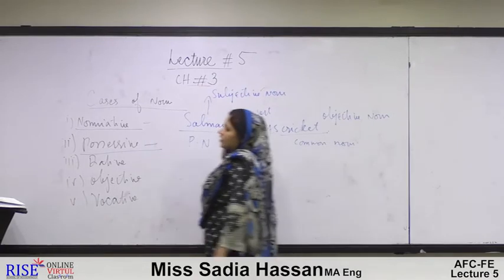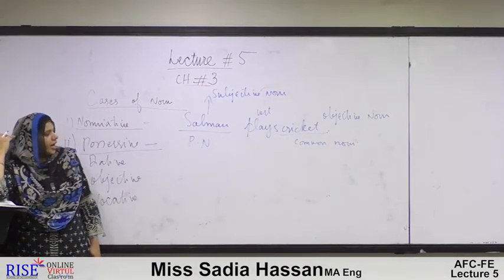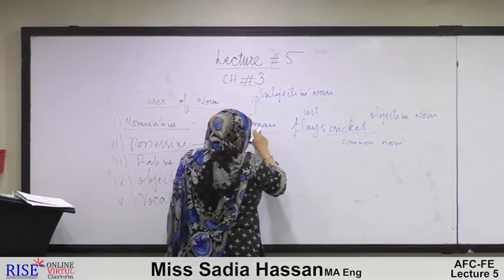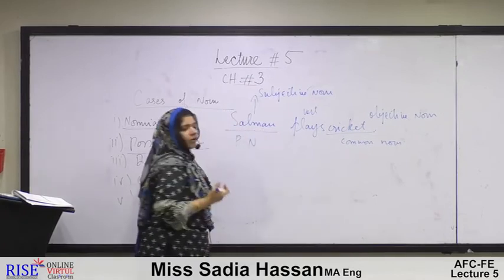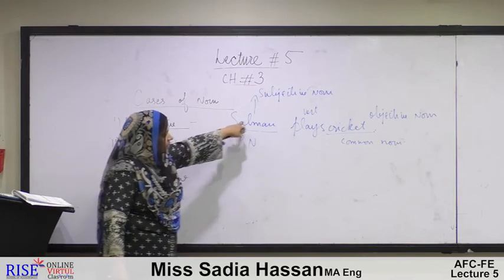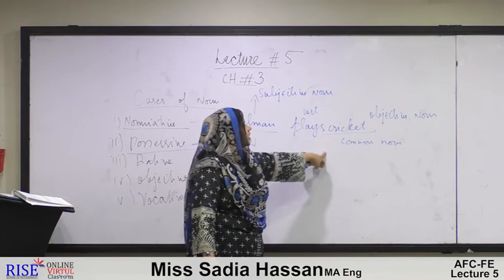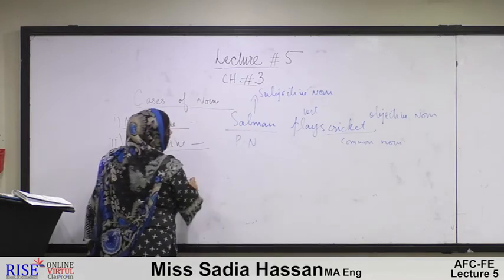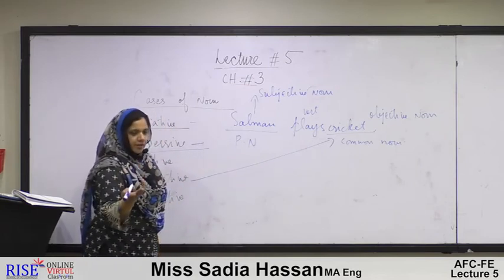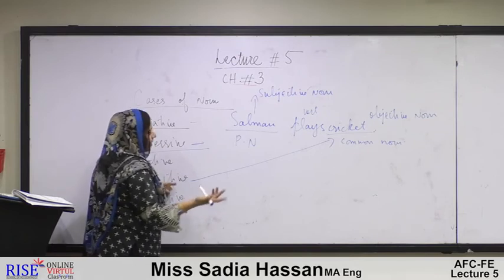If we talk about the cases of noun, I would say Salman is the nominative case and cricket is the objective case. So this is called the objective case of noun. Cricket being used as an object is called objective noun, and the case is also known as objective case.